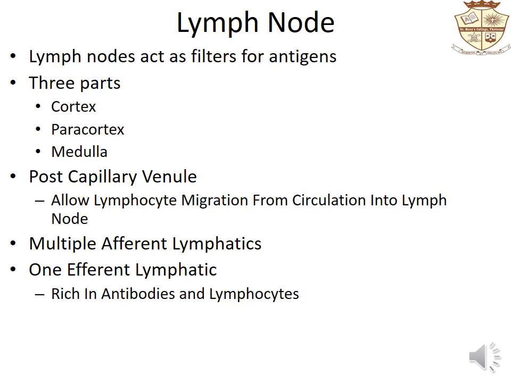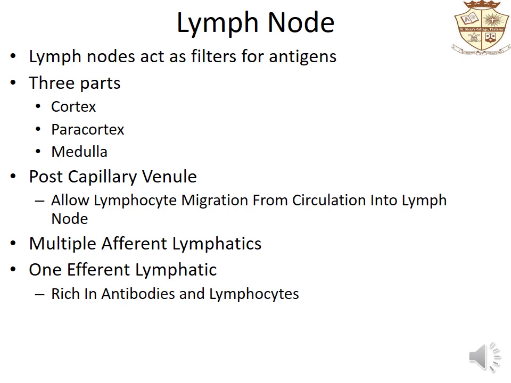The lymph enters the lymph node through several afferent lymphatics, and leaves the lymph node through one efferent lymphatic. The antigens coming through the lymph will get trapped in the lymph node through the cellular network of phagocytic cells and dendritic cells.